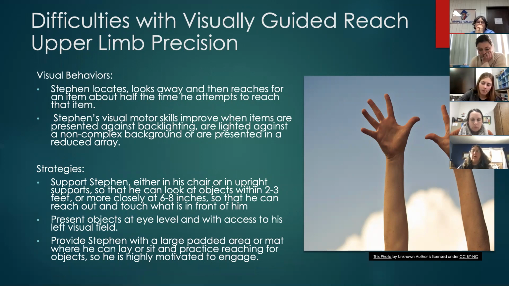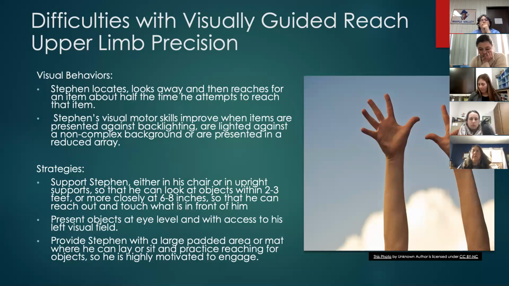So for instance, Stephen will locate something, but then he'll look away and then he'll reach for that item. He did that about half the time he attempted to reach for an item. Stephen's visual motor skills improve when items are presented against backlighting, are lighted against a non-complex background, or are presented in a reduced array. So you're going to see these themes over and over again.